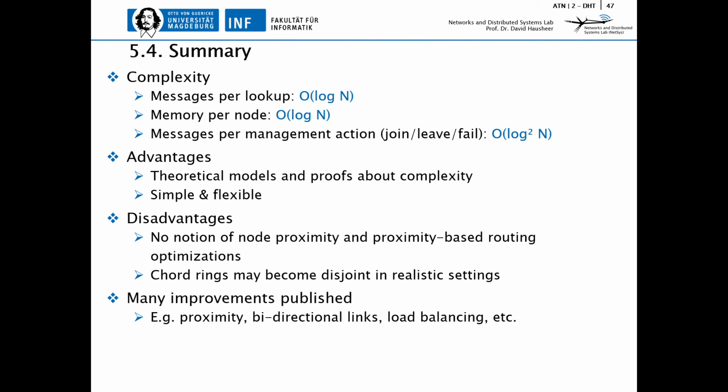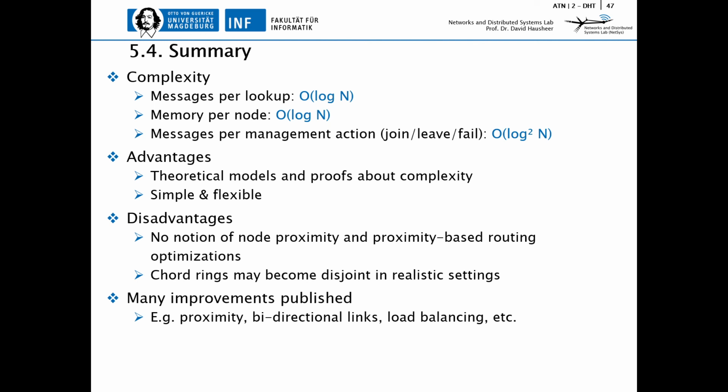And there is also a management overhead that is necessary whenever nodes join or leave the system, or for example also fail and therefore ungracefully depart from the network. And this overhead increases with O of log squared n in the network.